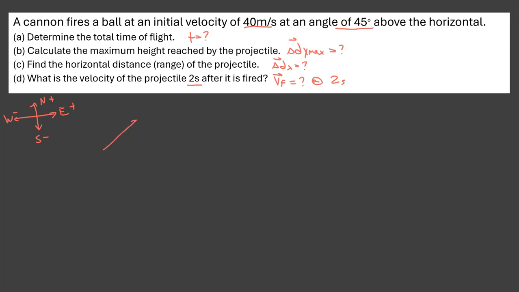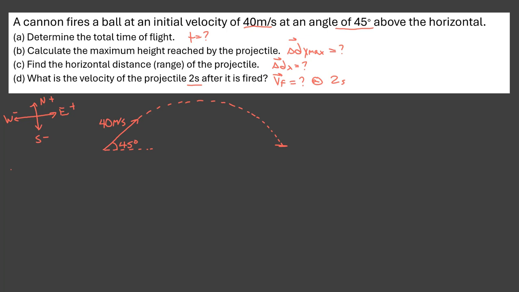So our ball is being launched at an angle of 45 degrees above the horizontal, and that velocity is 40 meters per second, and the ball is launched. It's going to follow a path somewhat similar to this and eventually hit the ground somewhere here. So it's being launched off of the ground and then eventually coming back to the ground.